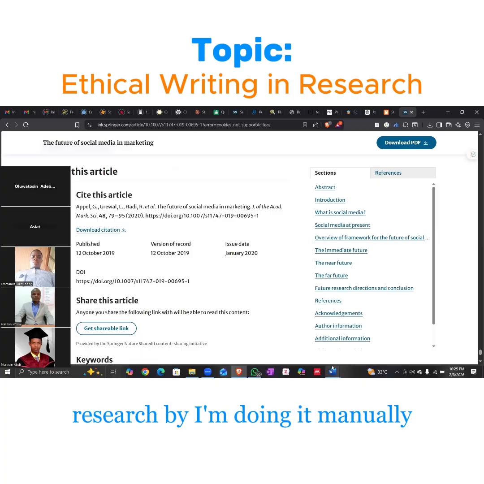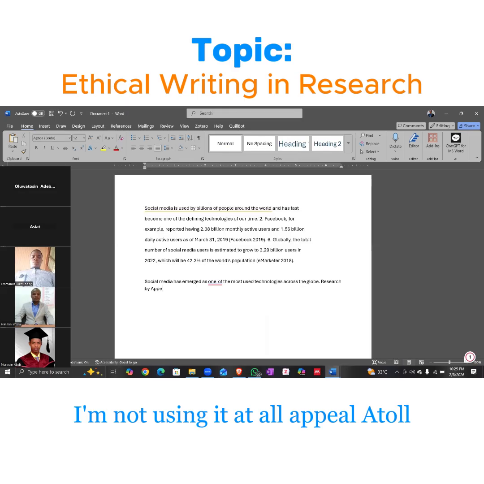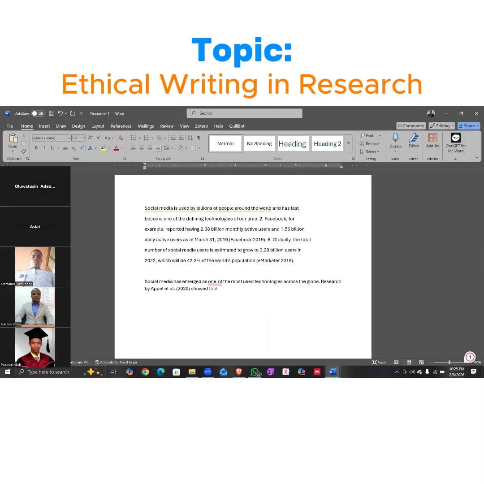Research by, I'm doing it manually, I'm not using Zotero, Appel et al. 2020 showed that Facebook, let me read that statement.